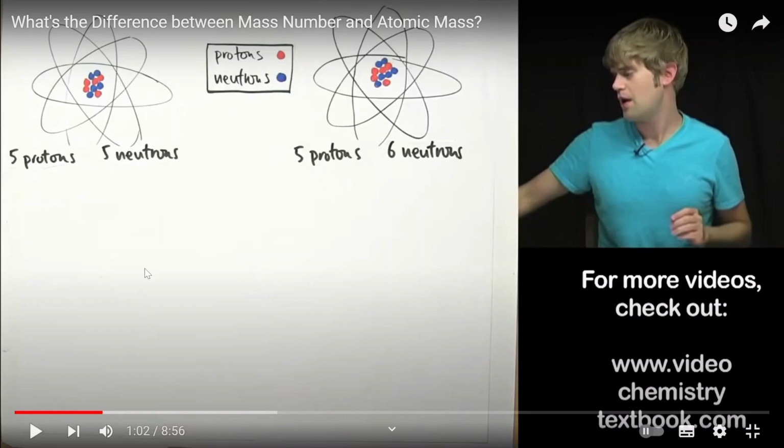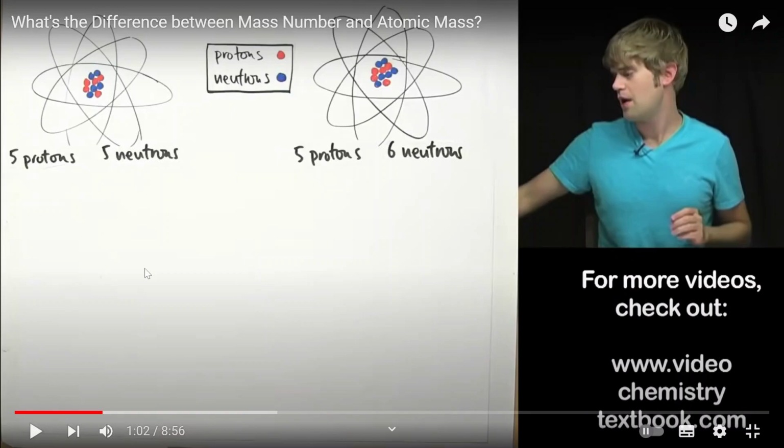You might remember, we've said before that 1 proton or 1 neutron weighs about 1 AMU, 1 atomic mass unit. So if you have a mass number of 10, 5 protons and 5 neutrons, your atom is going to weigh about 10 AMU. If you have a mass number of 11, the atom here weighs about 11 AMU.